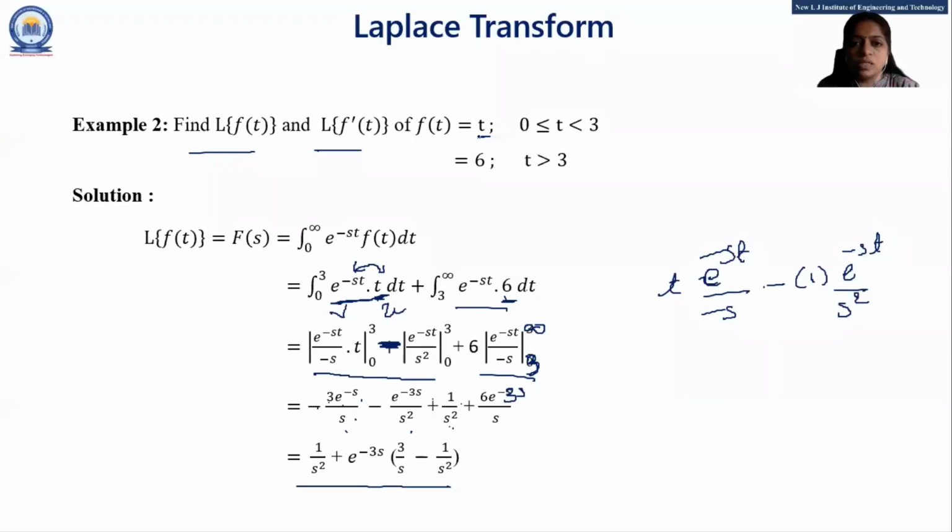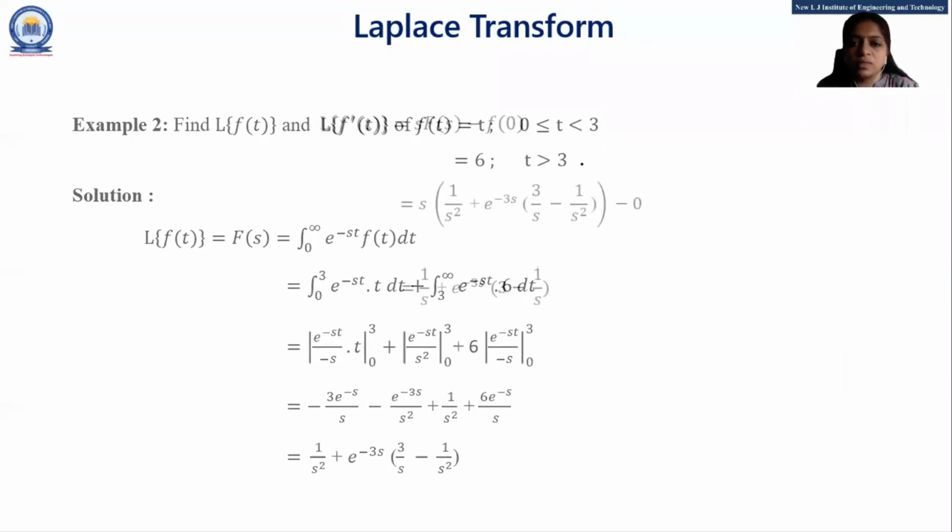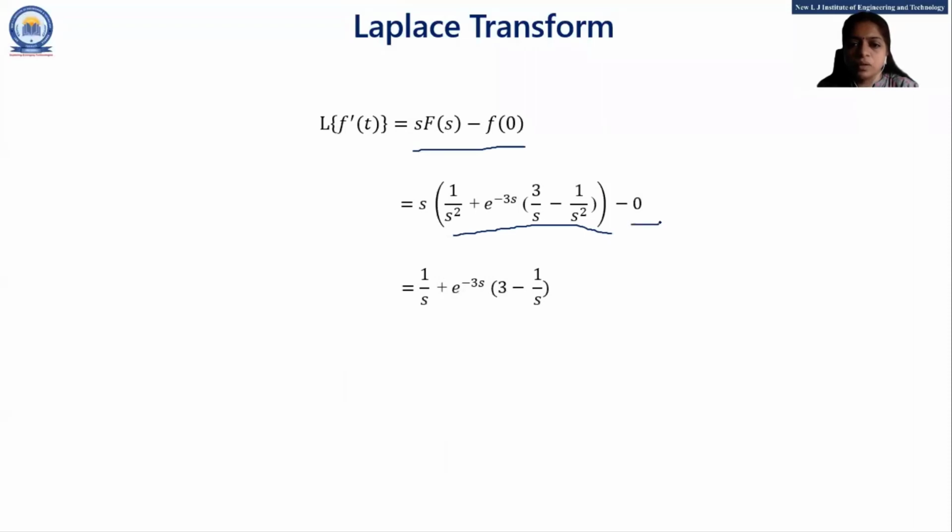So f of 0 is equal to 0. Okay, got it? After simplification, the s will be removed from the numerator and denominator, right? So this is our final answer, Laplace of f dash t.